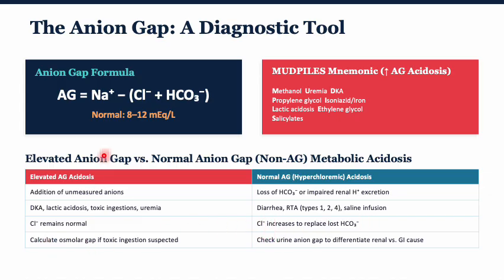You want to calculate the osmolar gap if toxic ingestion is suspected. And I'm not going to go into details of that at this point, but just know probably later in your curriculum you will go into details.